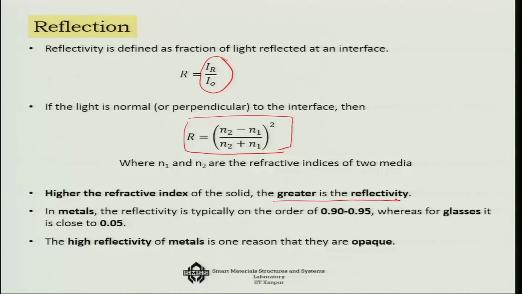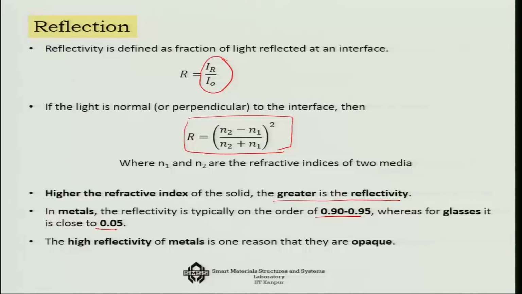So, in comparison between two materials, if the refractive index is higher, then R is going to be more for this particular material. Now, in metals, the reflectivity is typically, I told you, of the order of 0.90 to 0.95, whereas it is just the reverse for the glass.